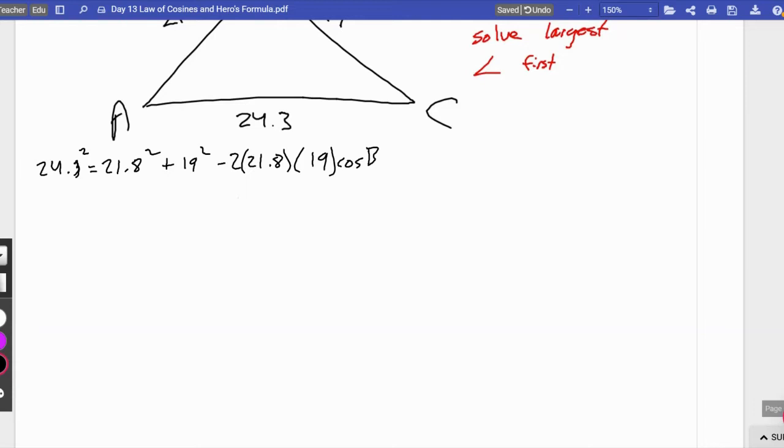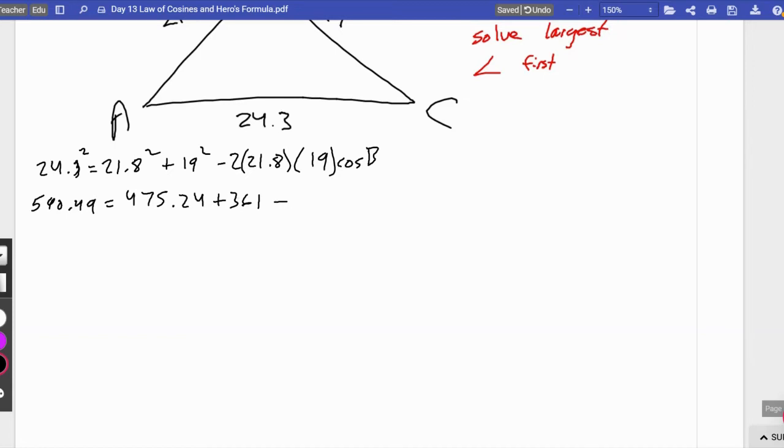So 24.3 squared is 590.49. 21.8 squared is 475.24. 19 squared is 361. And I am going to just multiply these three numbers together because they can all be multiplied, but cosine B is the variable we're solving for, so we're stuck right there.